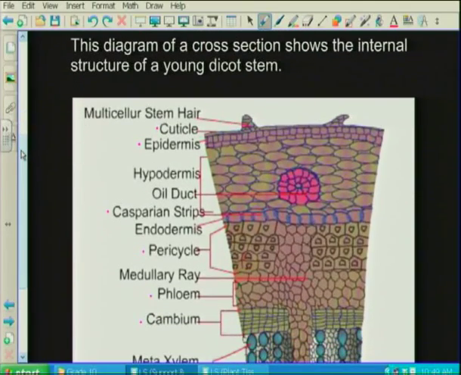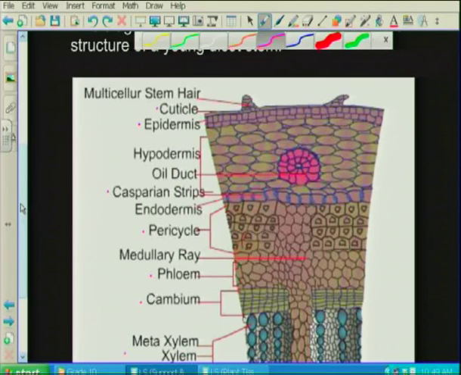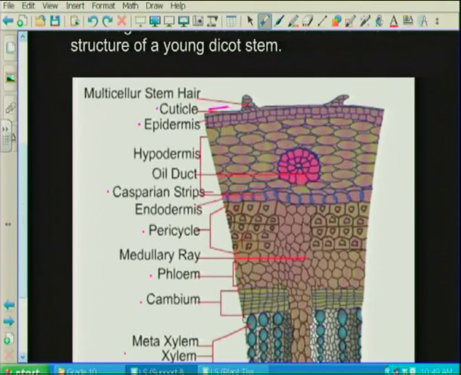This diagram is a cross-section and it shows the internal structure of a young dicot stem. So basically what we have here is very similar to the dicot root, same terms and everything, so you should be familiar with that already. If we start right on the outside, we have the cuticle, which is even outside of the epidermis.